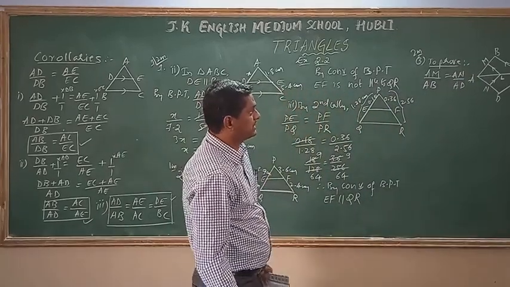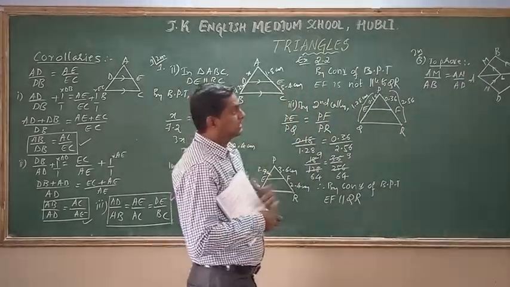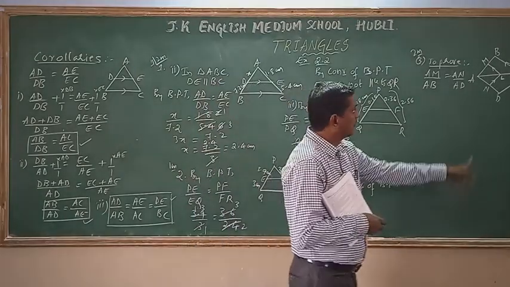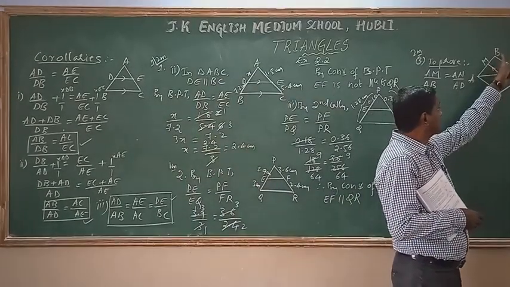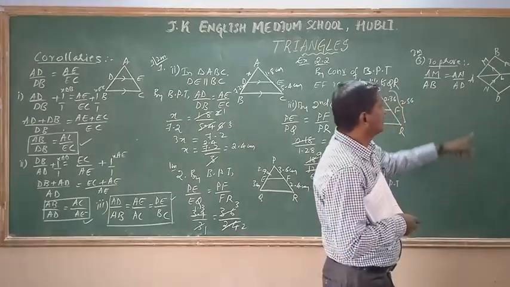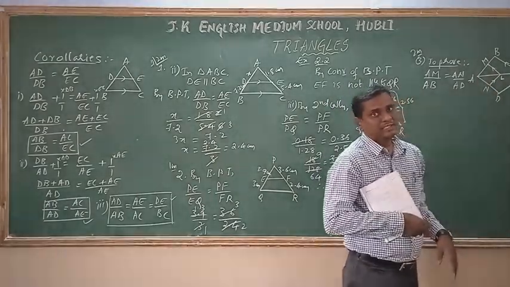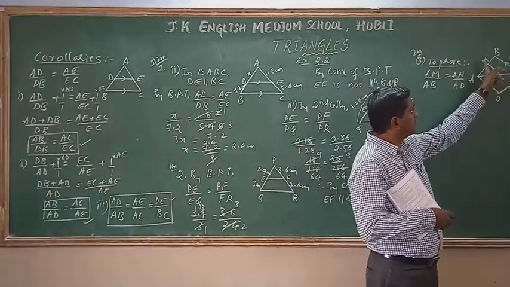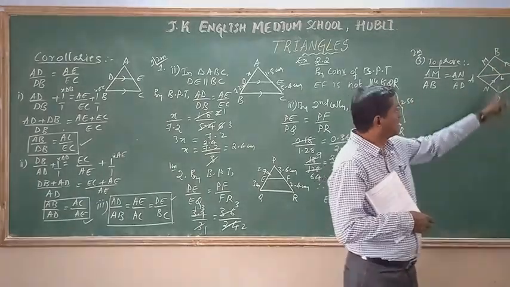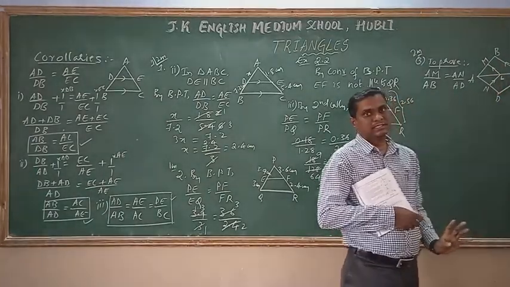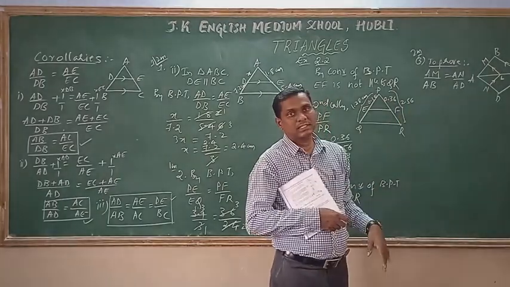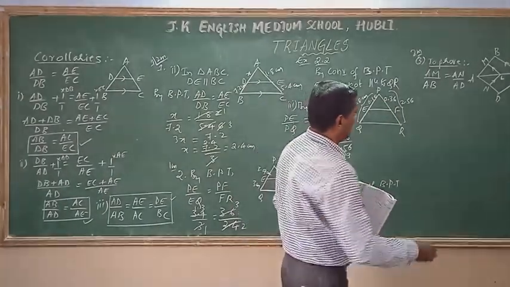So how to prove this? Students, here we can see the first triangle, triangle BAC, and the other triangle, DAC. Here LM is parallel to BC and LN is parallel to CD. So let us take the triangles separately and try out.